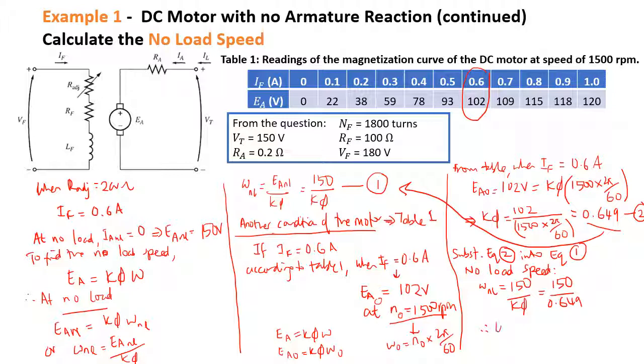Therefore the no load speed is 231.12 radians per second. Remember, omega unit must be in radians per second. So the answer is the no load speed is 231.12 radians per second.